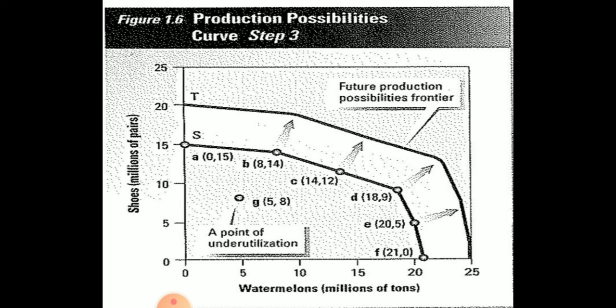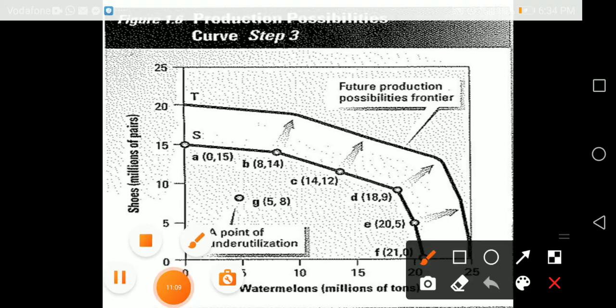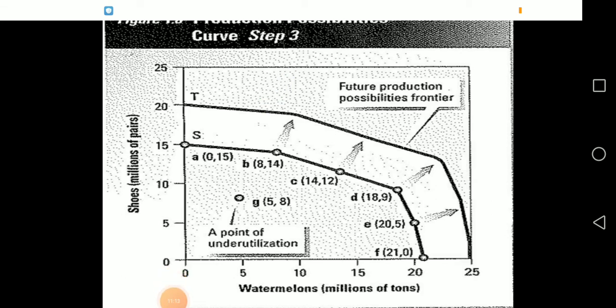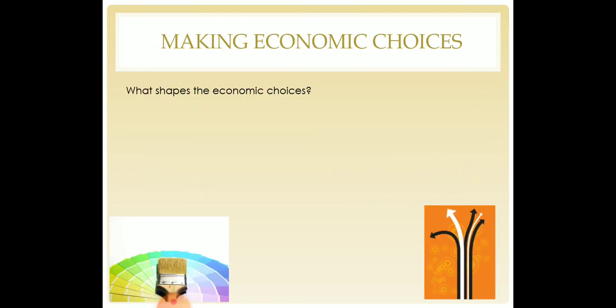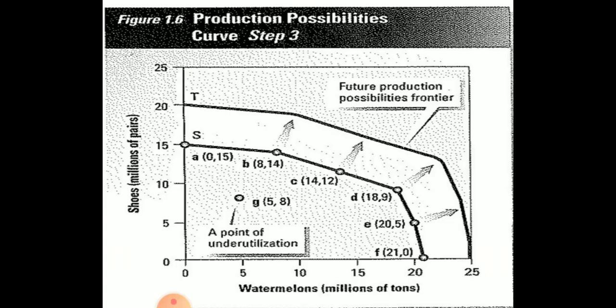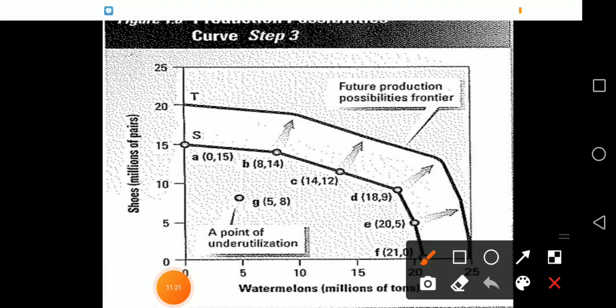What happened here to this curve? Just a moment. What happened here? If I say the point S shifted to the right to give me the point T, so what happened here? Yes, we have economic growth, right?